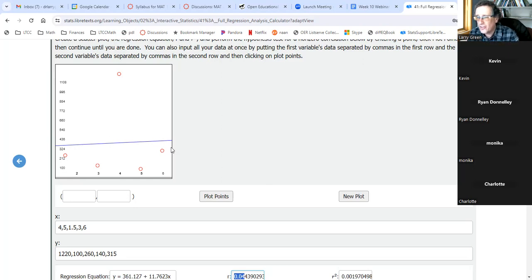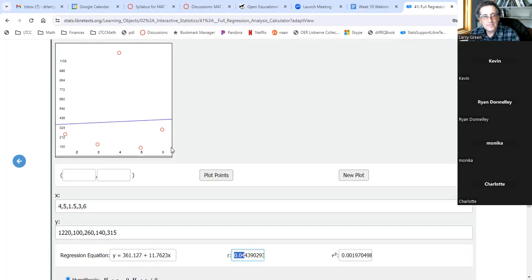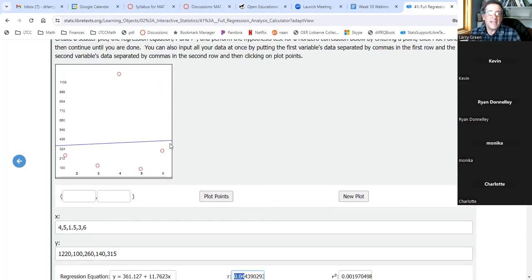So R tells you the correlation. Any questions on that? Okay. And it tells you whether or not having a linear regression model is a good idea. And if there is almost no correlation, the regression model is kind of a waste of time.